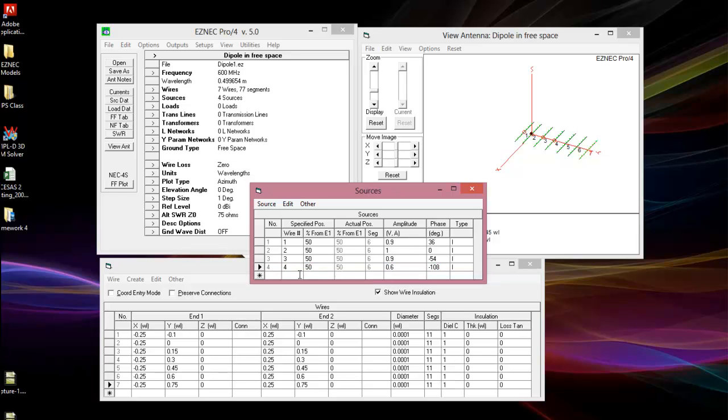Enter. The fifth wire is gonna have a current of 0.6, and the phase is equal to minus 162.